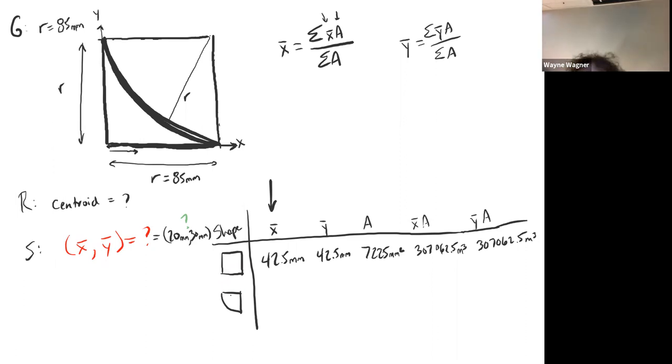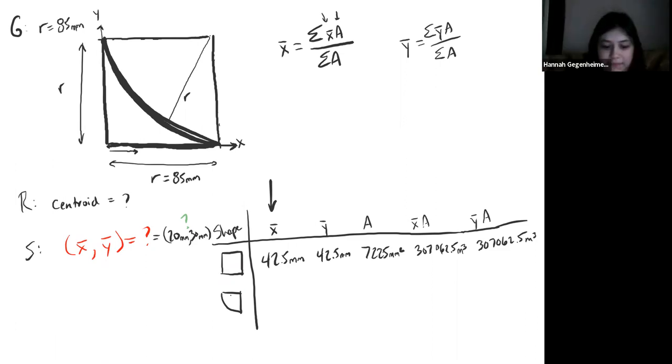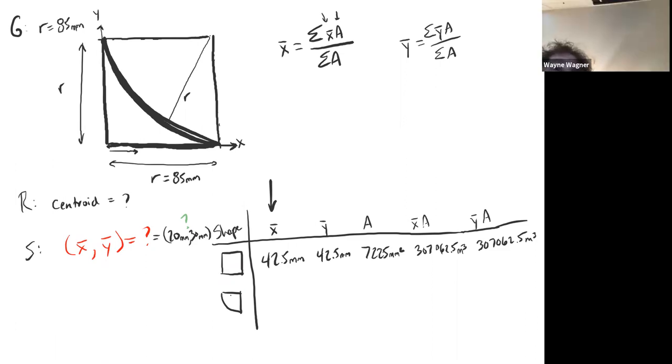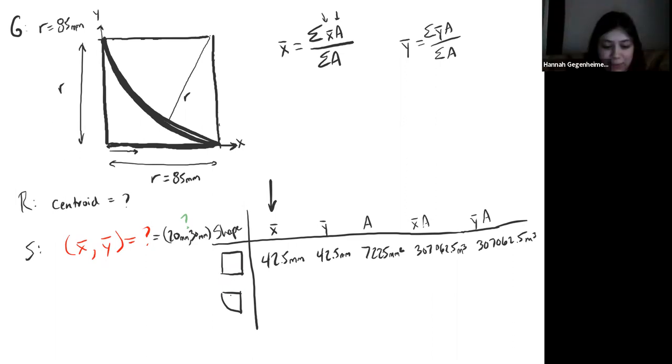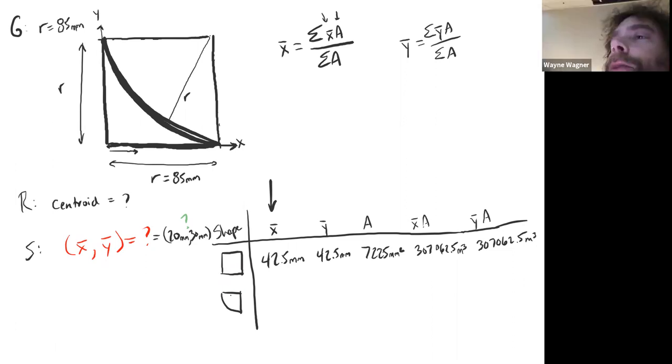Okay. All right. Now let's do our quarter circle. What is X bar for a quarter circle? So you have that chart out in front of you? Yes. Okay. 4r over 3 pi. Okay, so 4r over 3 pi. So that's coming from the chart for a quarter circle.